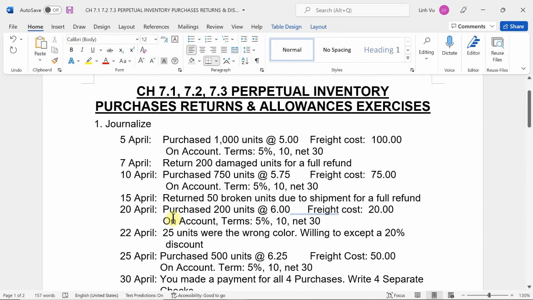Then April 7th rolls around and we end up returning 200 damaged units for a full refund.